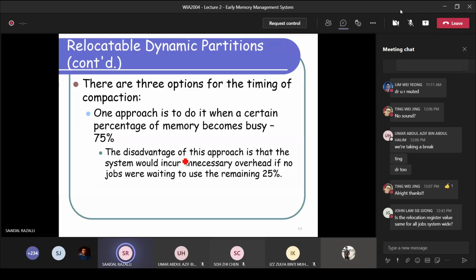So you start the relocation at 75% utilization, but if the system is idle, that 25% becomes wasted.